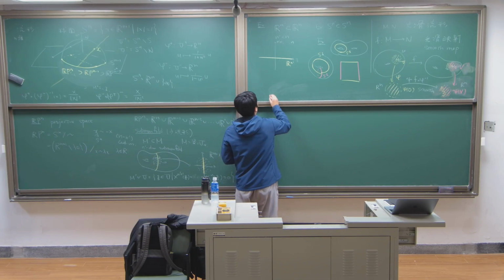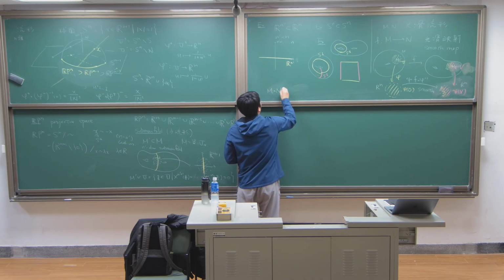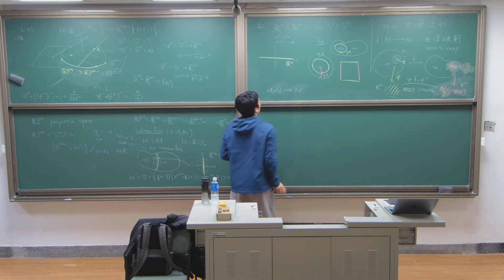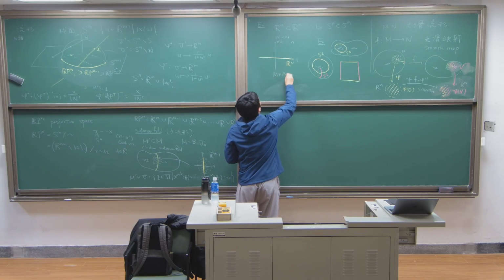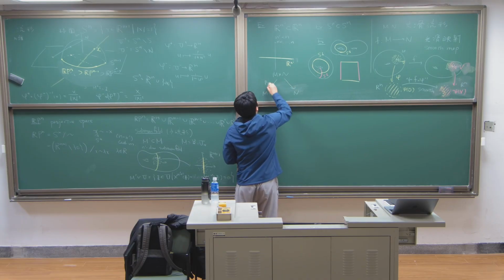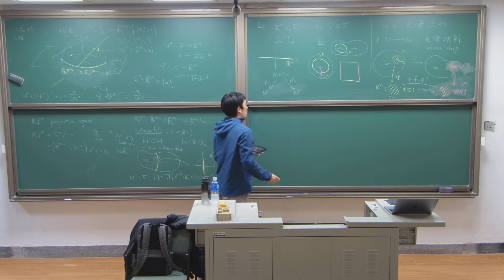For example, if you have a product manifold, you can have a projection. This is P1, this is for projection.